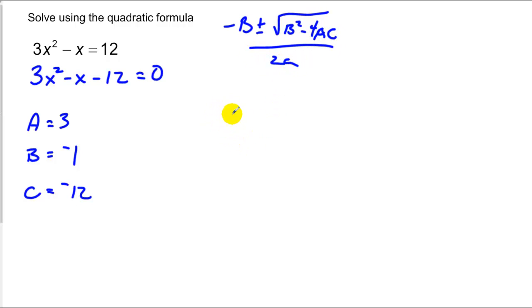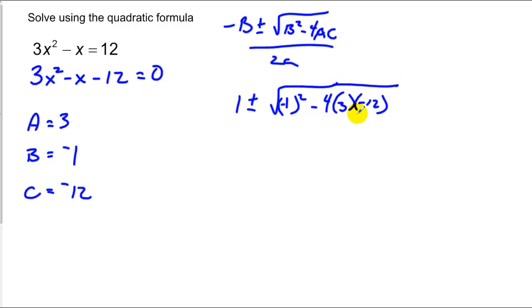So let's go ahead and do this. The opposite of b is a positive 1 plus or minus the square root of 1 squared minus 4 times 3 times negative 12. And all that is over 2 times 3.